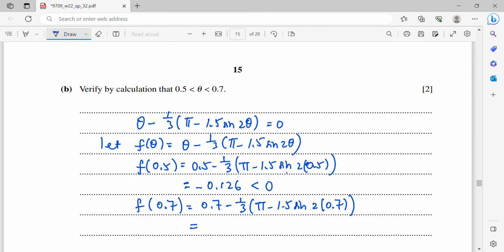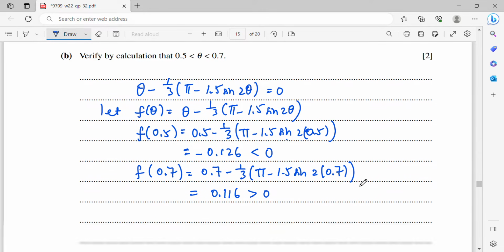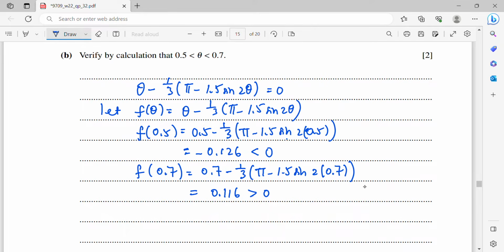Here is going to be 0.116, which is greater than 0. So I will say, since f 0.5 is less than 0 and f 0.7 is greater than 0, there is a sign change.